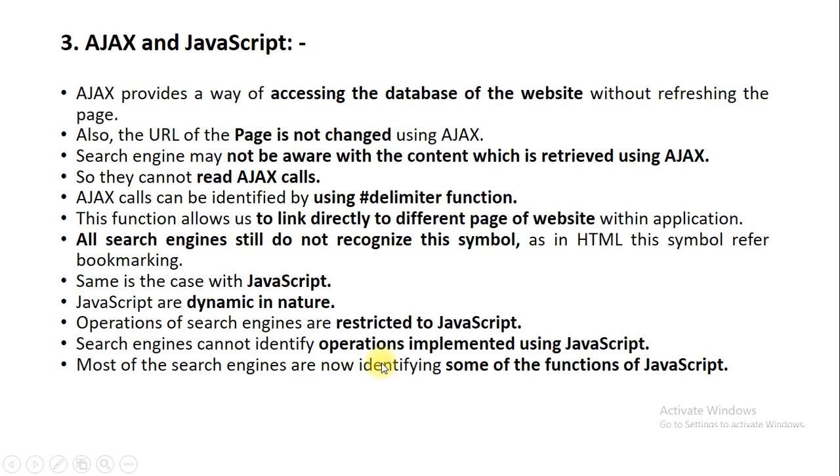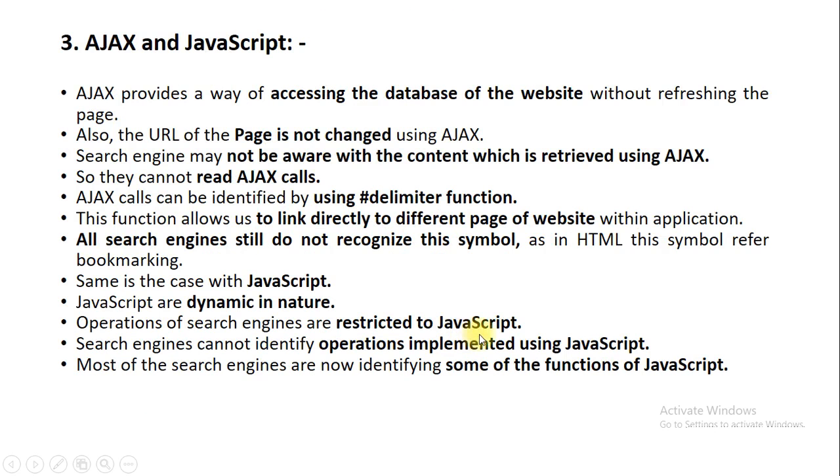Most search engines have now identified some of the functions of JavaScript. So this is the good thing about JavaScript, that nowadays search engines focus on the functions available in JavaScript.